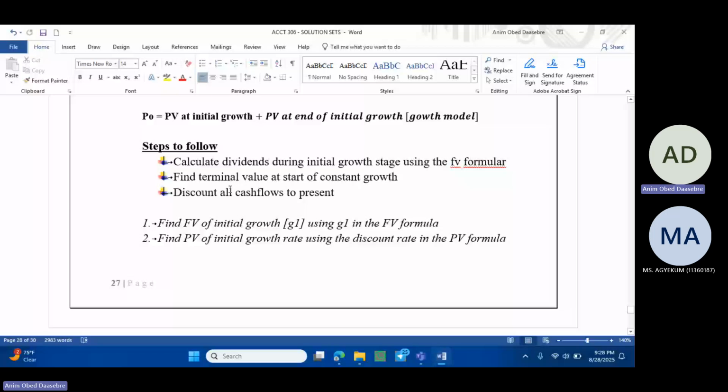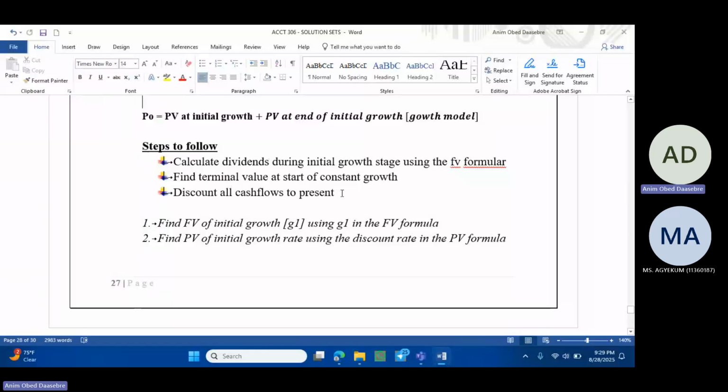So at the end of the day, you need to discount your cash flows towards period zero, so that you can get the actual current price.